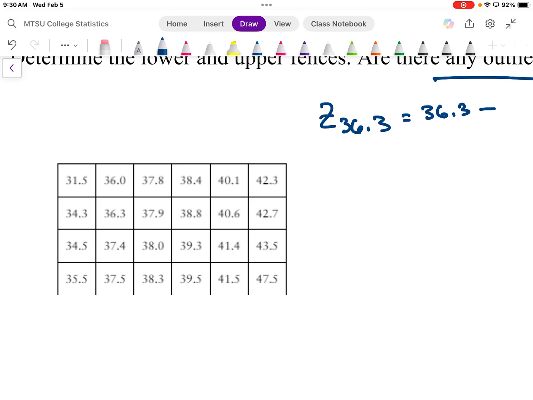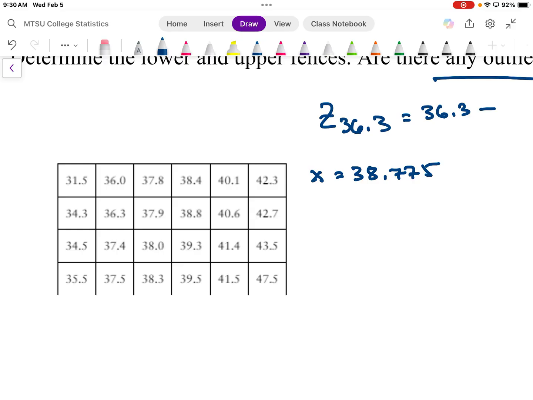Let me know if anybody got this as well, so I know I didn't have happy fingers. I got a mean of 38.775. Anybody else get that too? Sweet. Again, sometimes when we go so fast, we make mistakes.